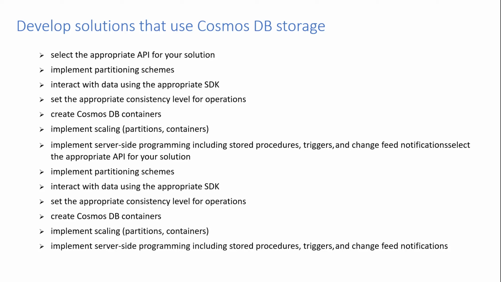Using that API, like SQL for an RDBMS, you can write the query and communicate with the database. Same thing in Cosmos DB, we can write SQL for document DB, and for graph DB you can communicate with the Gremlin API. The same thing, but the writing of code is different.